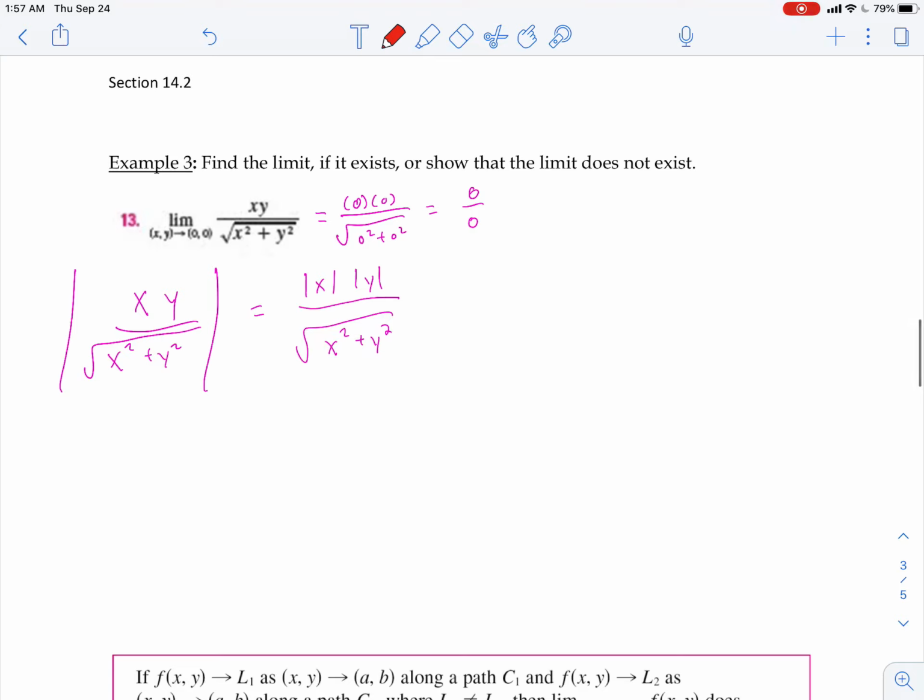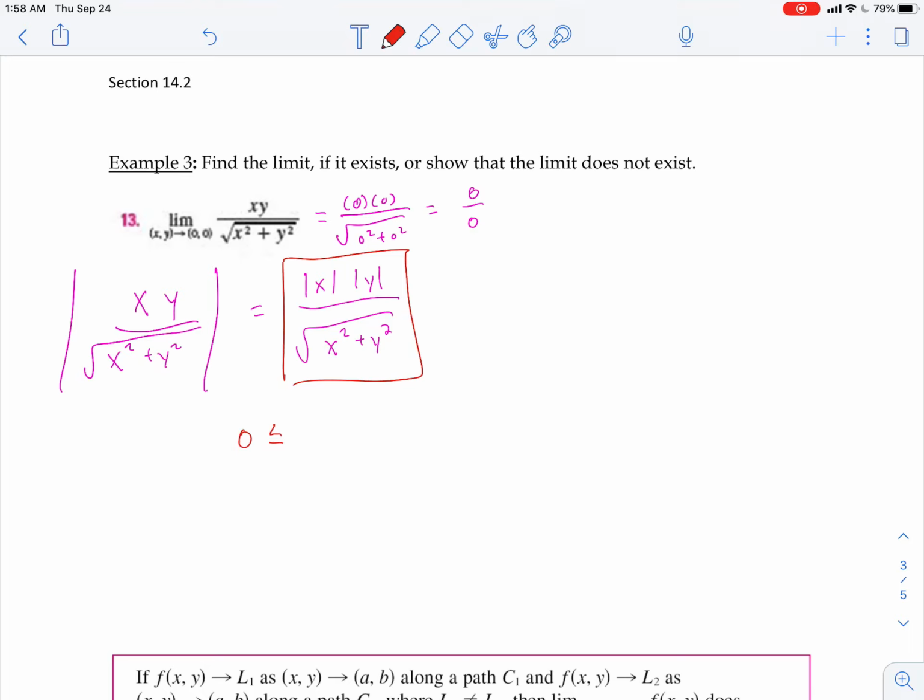So I take what I have and I realize that this will always be positive. If I'm taking the absolute value of x and the absolute value of y, those are always positive, and the denominator is always positive. So that tells me that the lowest value I can have is going to be 0.